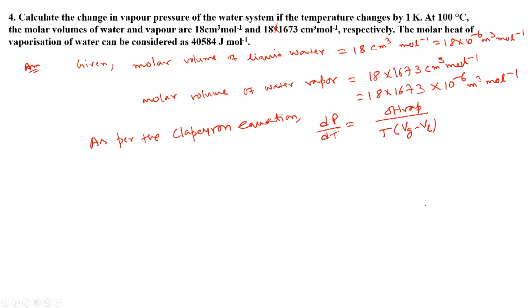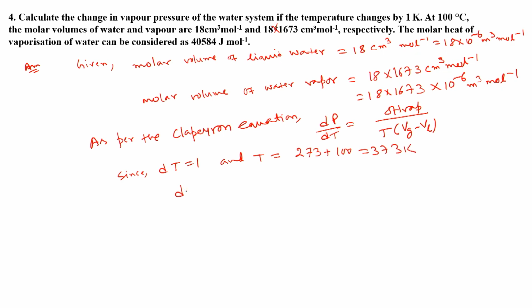So, dT here is 1, and T is 273 plus 100, right. So, 373 Kelvin.